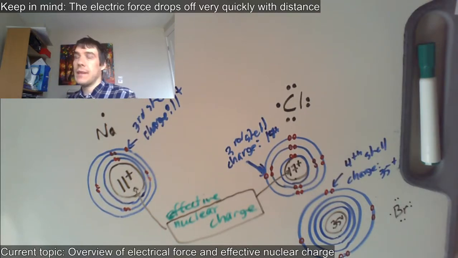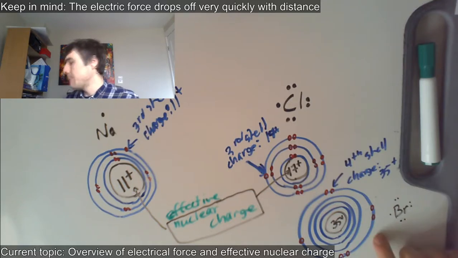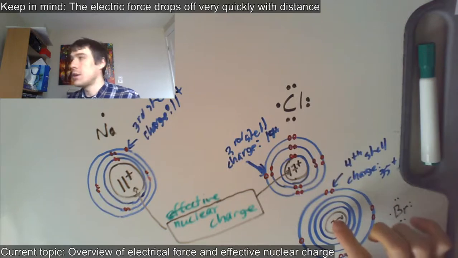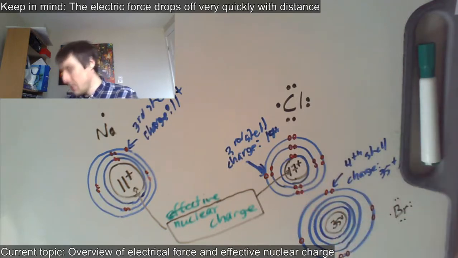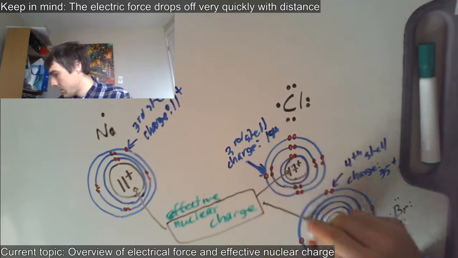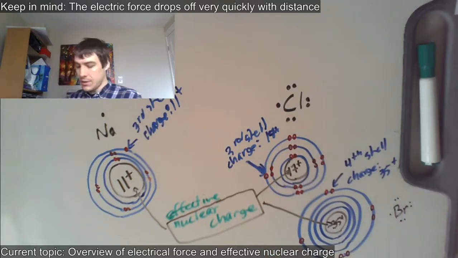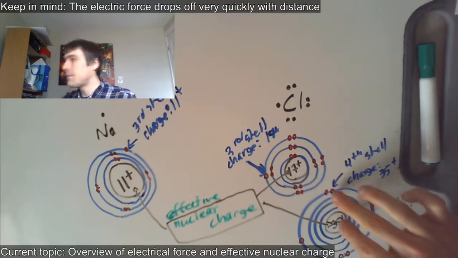Well, this is where we now have to compare the amount of charge to the distance, right? Bromine has pretty much twice the nuclear charge as chlorine. But in terms of effectiveness of that nuclear charge, right, these are further away.